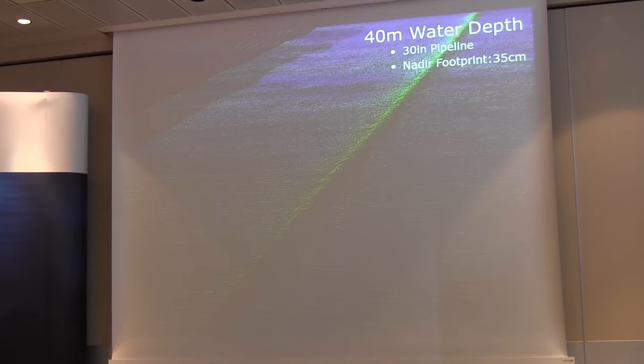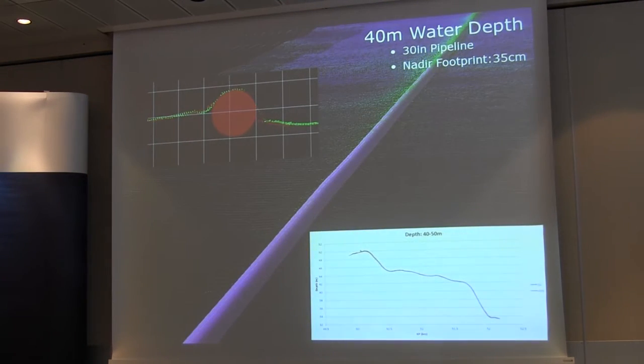So now we're in 40 meters of water. And this is maybe the limit of how far you would go. You can still clearly see the pipe. And again, it matches up really well compared with the ROV data.